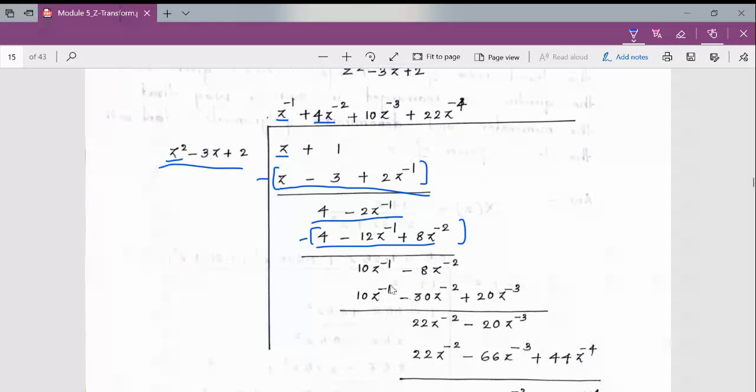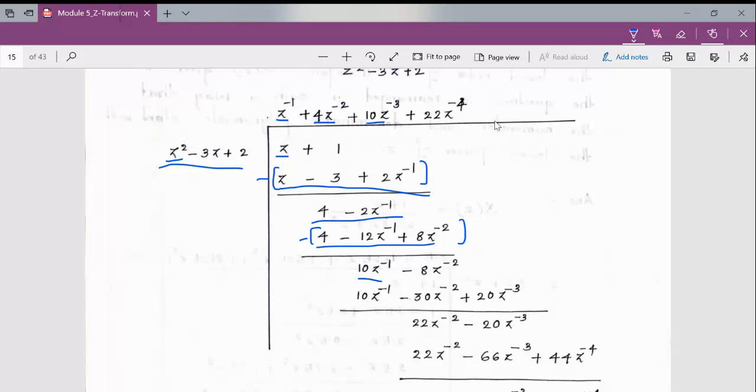Again we will get another polynomial, and we have to divide this term by z square and write that here. Then we multiply this term with this term and write the answer here. Again subtraction, we have to continue like this.